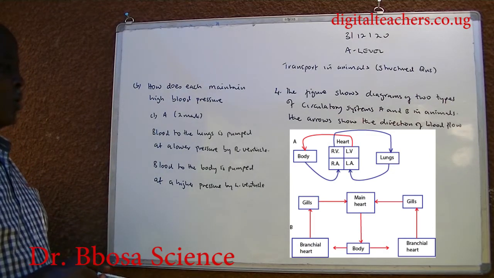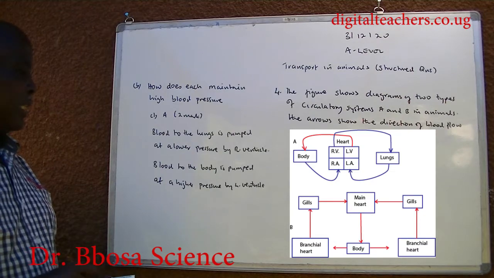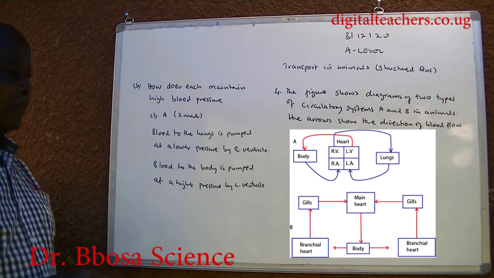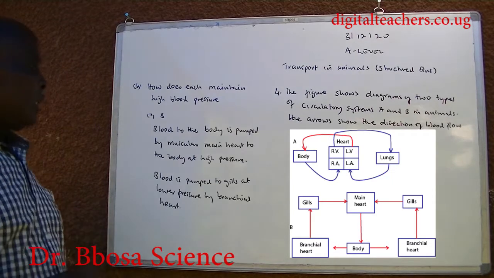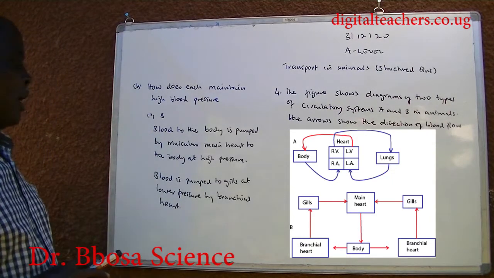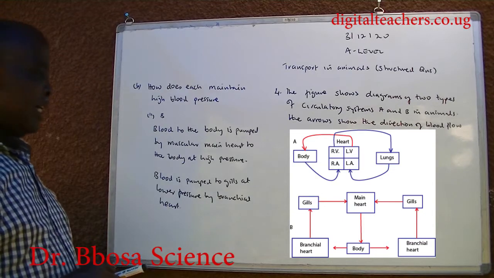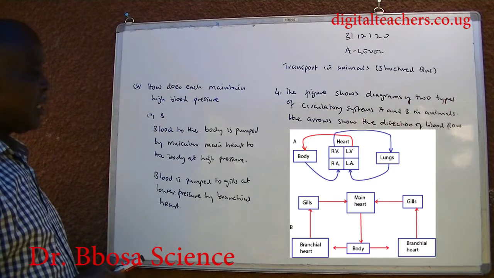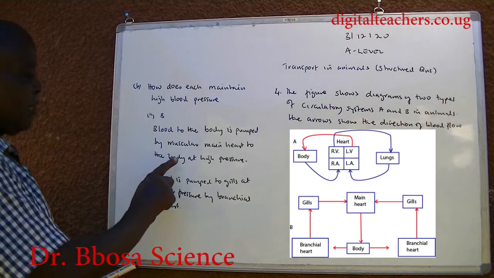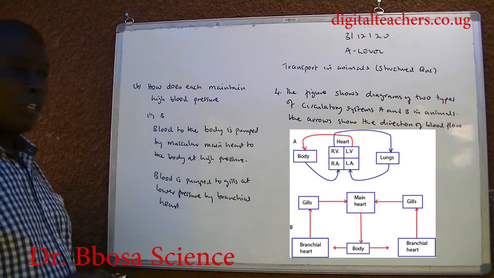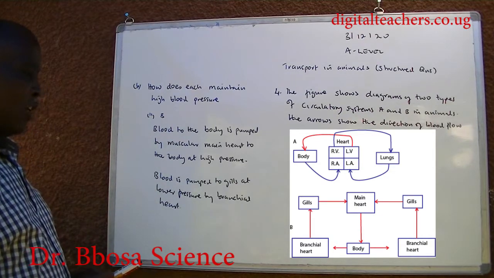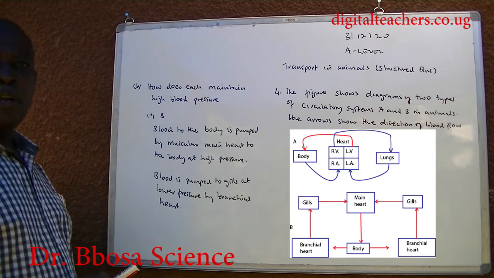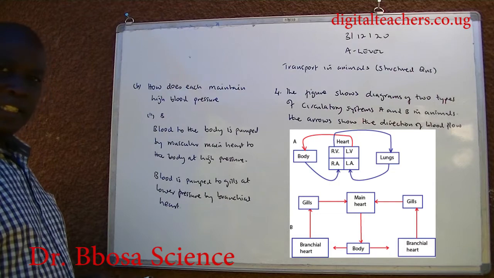Blood to the body is pumped at a higher pressure by the left ventricle. In B, blood to the body is pumped by muscular main heart at high pressure. Blood is pumped to the gills at lower pressure by branchial hearts.